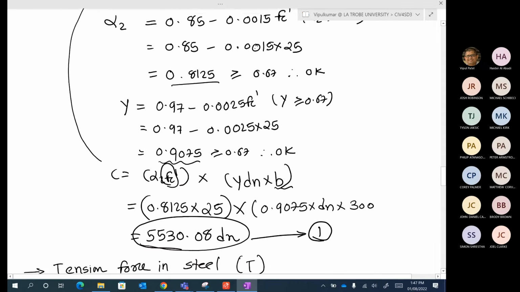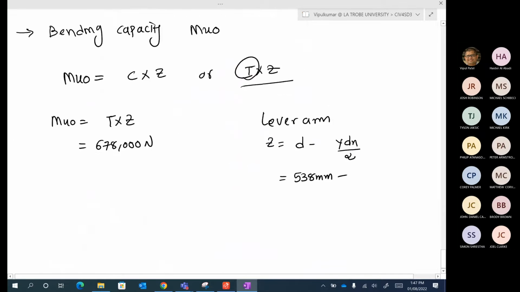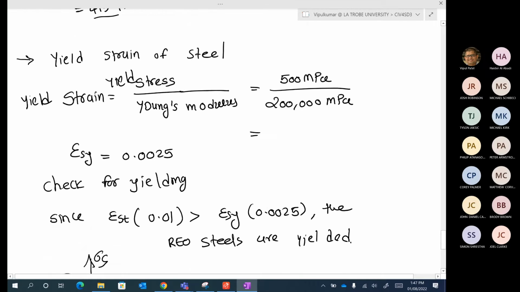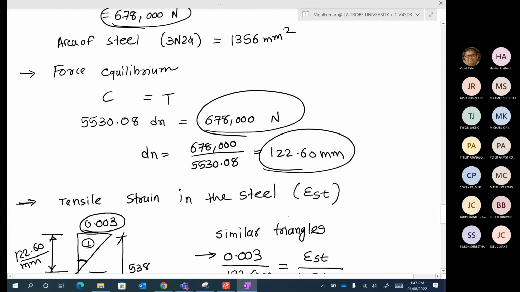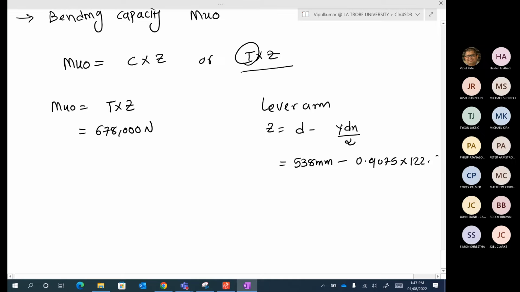Here you go, 0.9075. Take away dn, which we calculated, dn is 122.6. So 122.6 over 2.